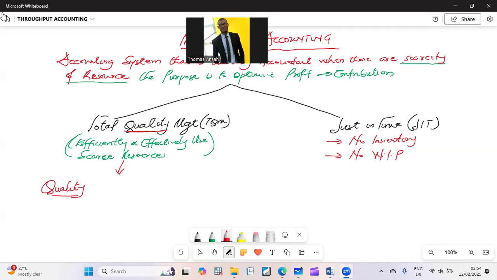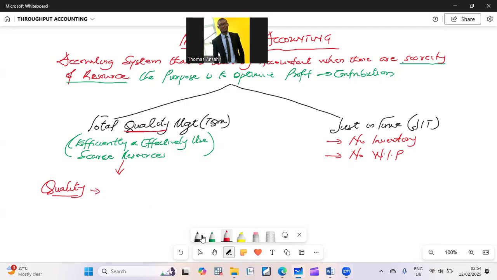Now, when we talk of quality, we are talking about the degree to which a product or a service meets a specific specification, or meets the standards. All right. So a required standard.